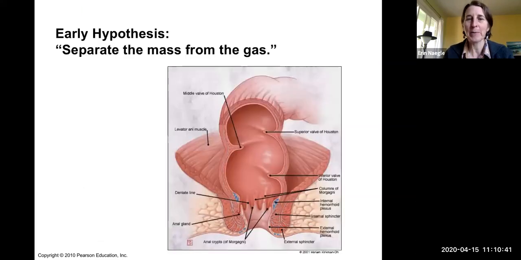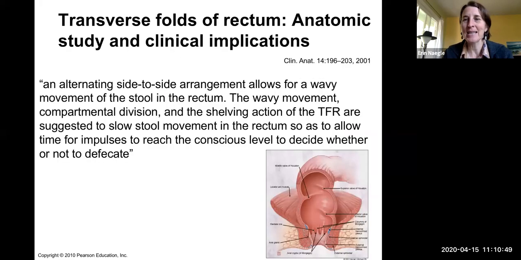And the early hypothesis was they help to separate the mass from the gas. Let you ponder that for a second. But then in 2001, not that long ago, there was a paper that put forth this idea after looking at it in detail. An alternating side-to-side arrangement allows for a wavy movement of the stool in the rectum.